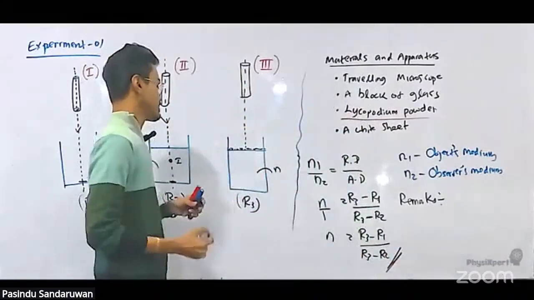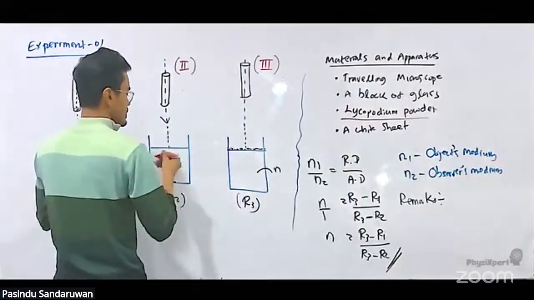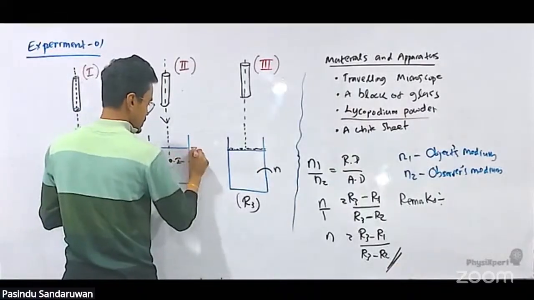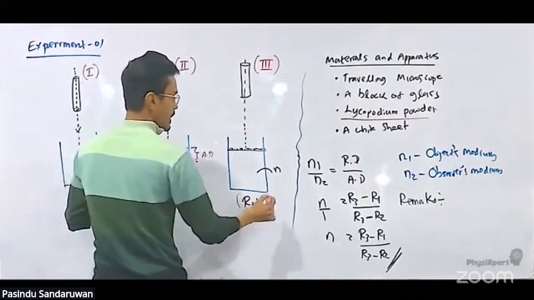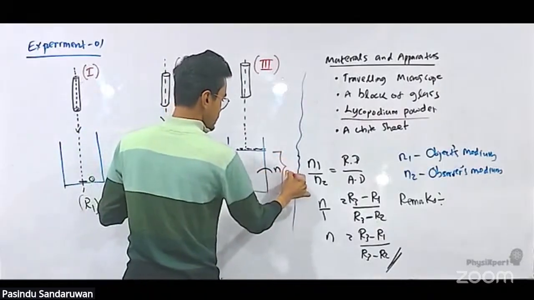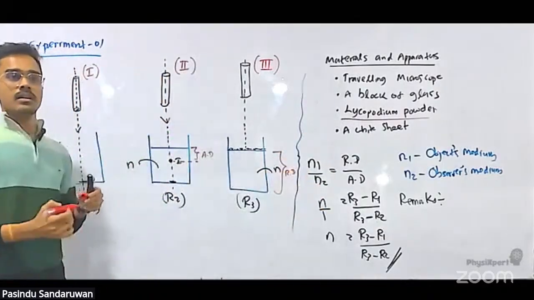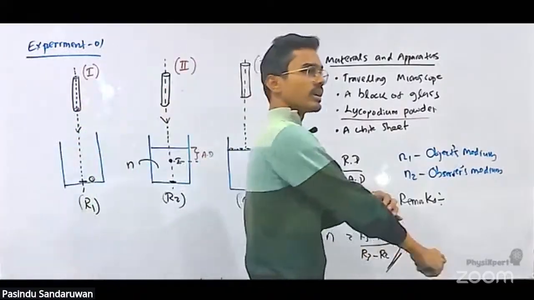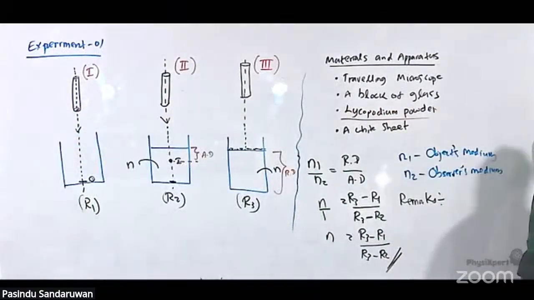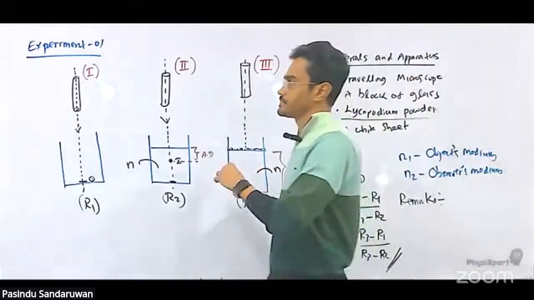You can mark this down if you like. This is the apparent depth, and the distance from here to here is the real depth. We can find the liquid's refractive index using the same method.